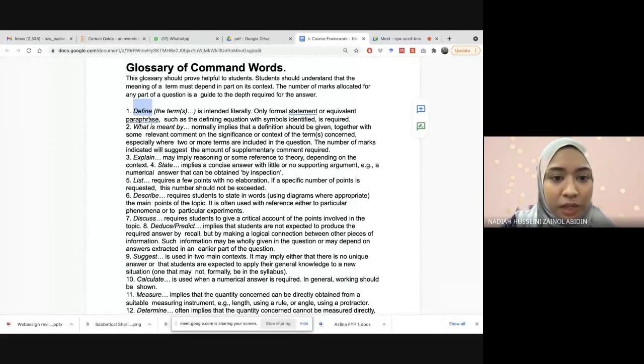Okay, so here we have the term define. Define is intended literally only formal statement. Formal statement meaning to say just the definition as in a sentence. Contohnya, the first law of thermodynamics is, I don't know, kejap. I don't remember. Okay. So it's in your book lah, the definition. I wrote it down.